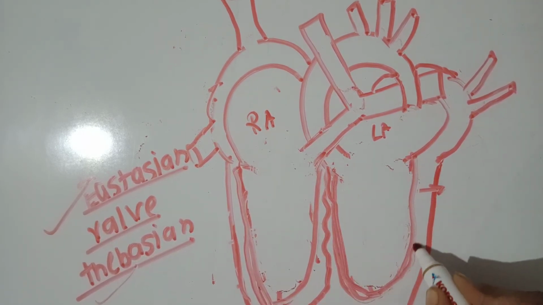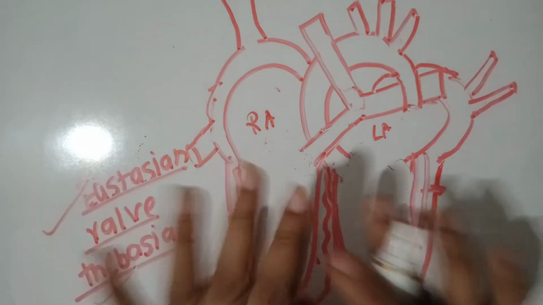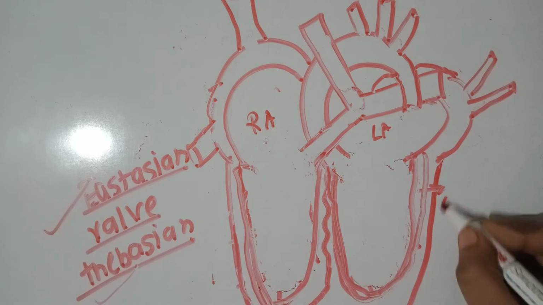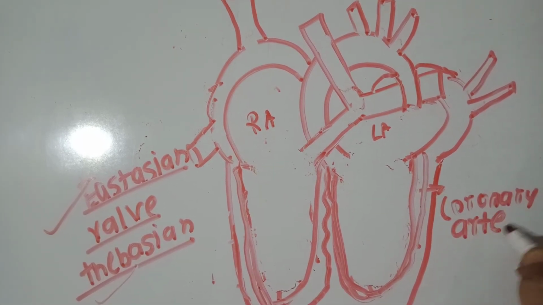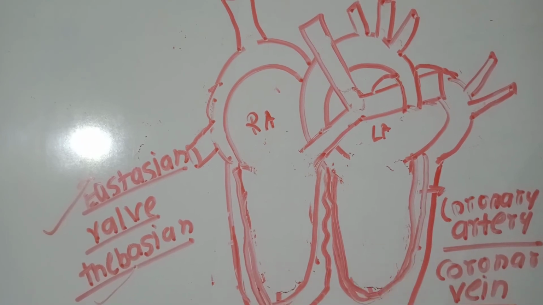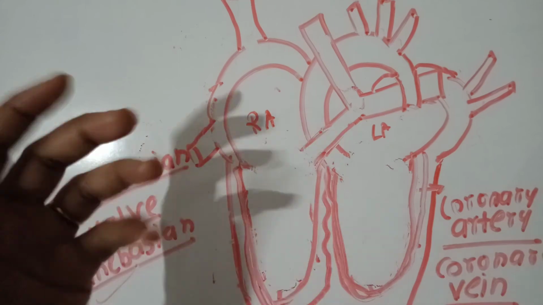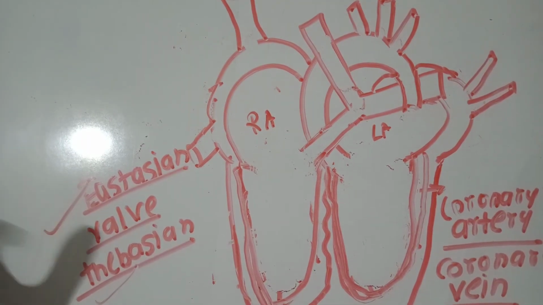They go externally and surround the heart. The coronary arteries supply oxygenated blood to the heart, and the coronary veins collect the deoxygenated blood from the heart. When your heart is working, it utilizes oxygen and nutrients and also produces waste products or deoxygenated blood.